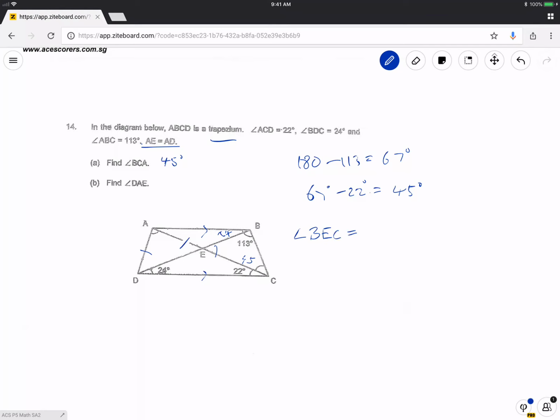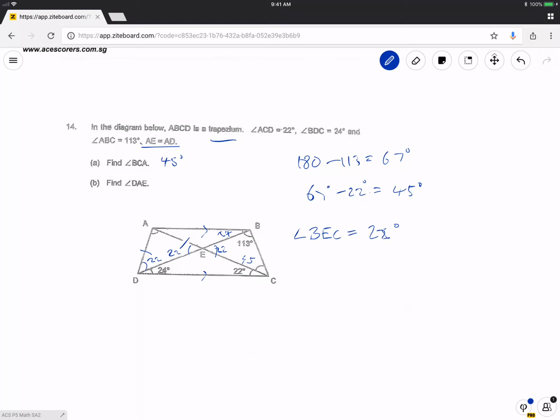BEC equals 180 minus 113 minus 45. So angle BEC is 22. This is 22, that means here also 22, and here also 22.